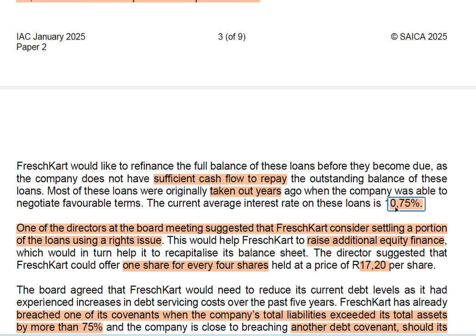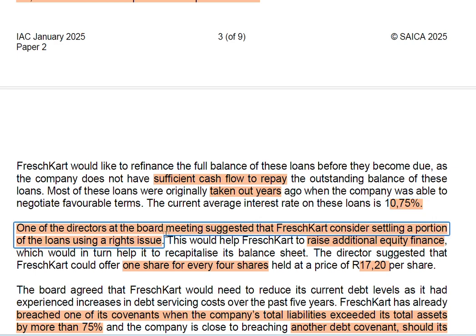If we look at 10.75 on a variable rate, that is prime minus 2.5. We don't know exactly what the prime was years ago, but if we're looking in today's terms, this looks like prime minus 2.5%, which is not bad.